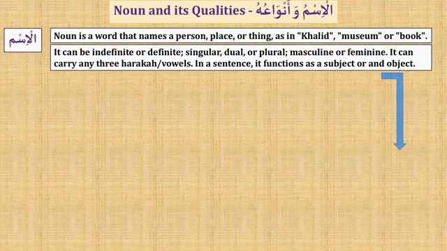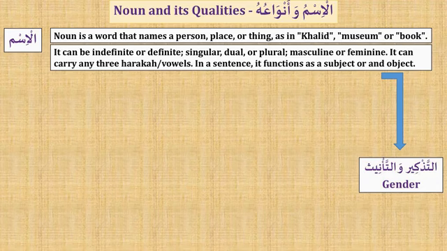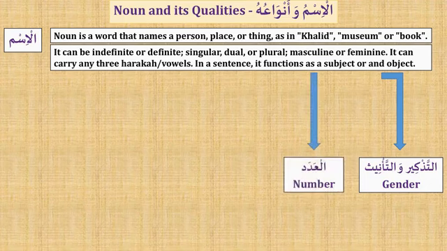Now let's mention what these qualities are. What are the four qualities of noun? The first one, at-tadhkir wa ta'nith, gender. In Arabic, unlike in English, each noun is either masculine or feminine. The second quality is al-adad, numbers, such as singular, dual or plural.